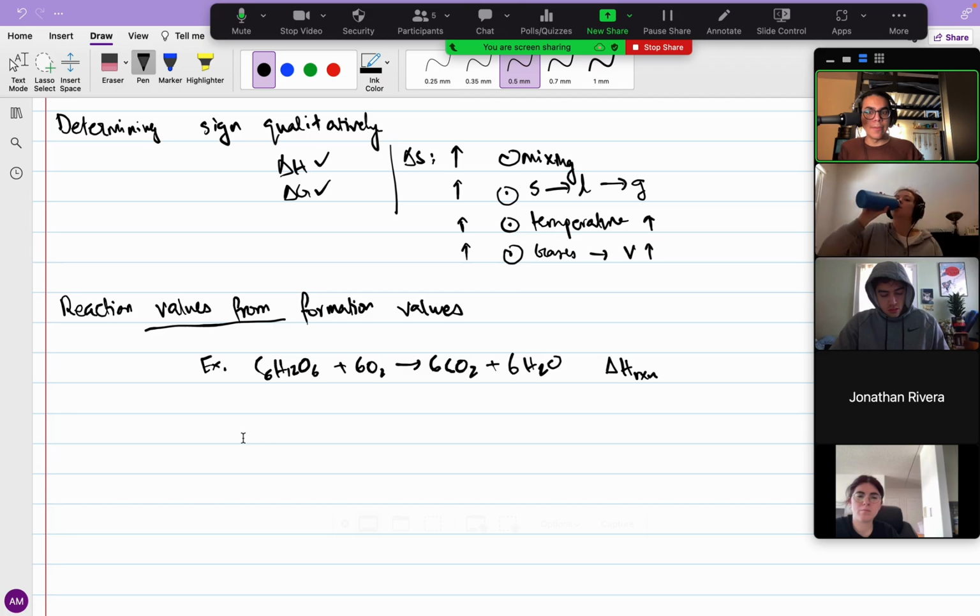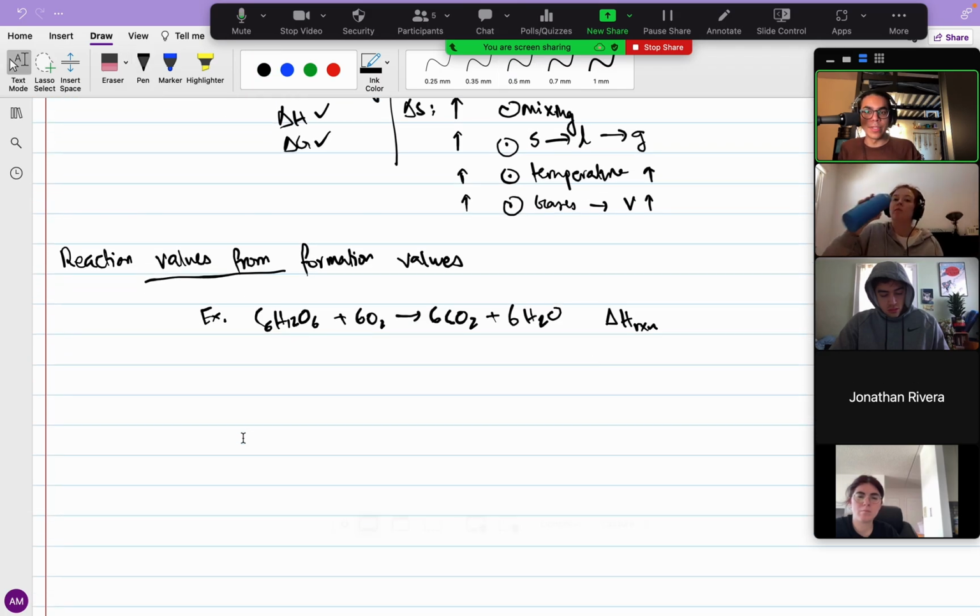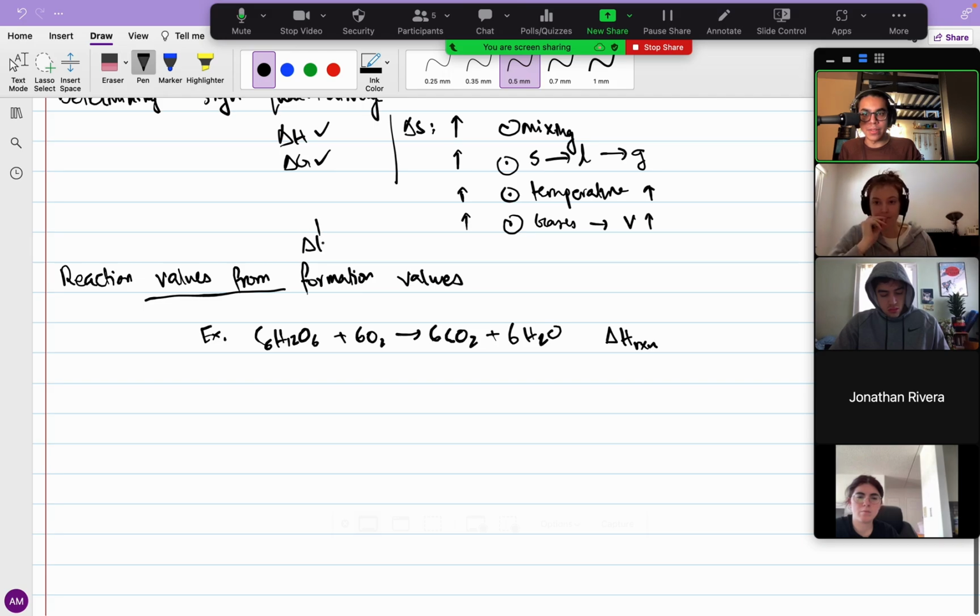And there's a very neat formula to go from formation values to reaction values. For enthalpy, formation values look like delta H with a subscript F, F for formation, same thing with S for formation, and then G for formation. And the reaction values are with reaction as the subscript. So just try and connect these two big things in your head.